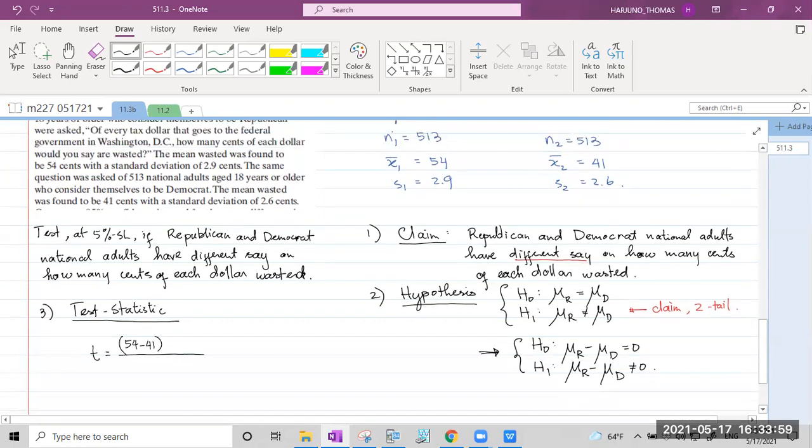You see here? Minus mu R minus mu D, which is 0, over the square root of 2.9 squared over 513 plus 2.6 squared over 513.